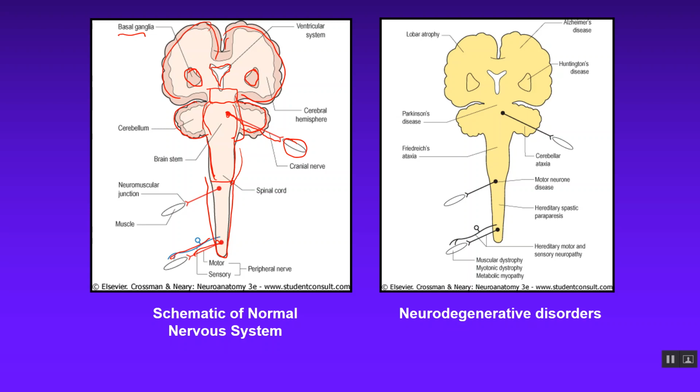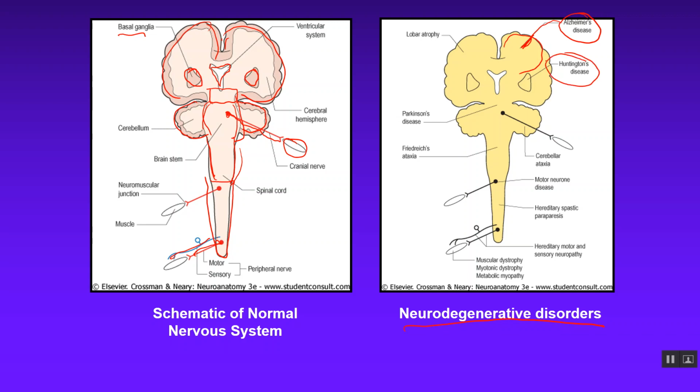Then they might have a little box where they say neurodegenerative disorders. It shows things like Alzheimer's disease at the top, with a pointer showing that it affects the cerebral hemispheres.